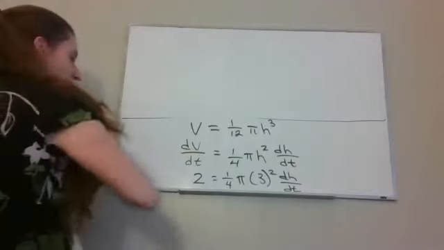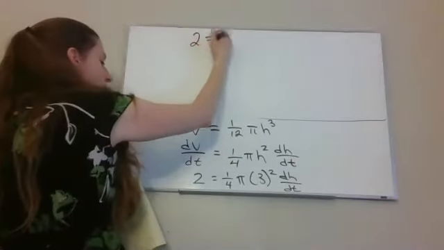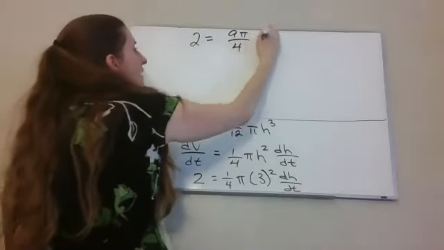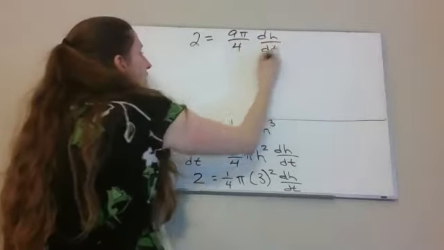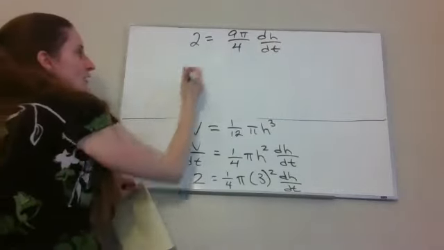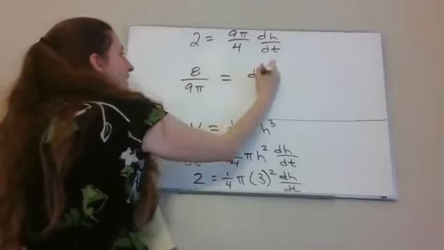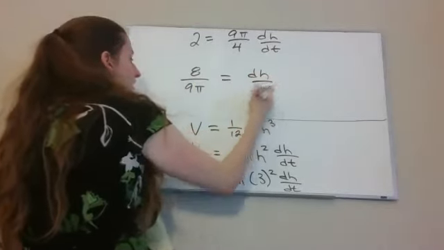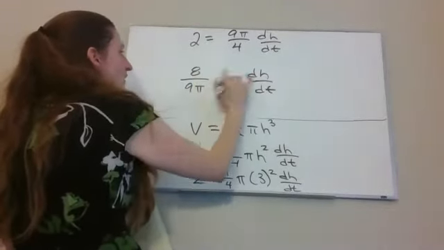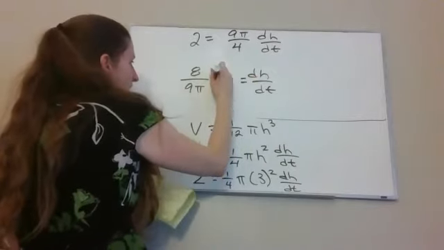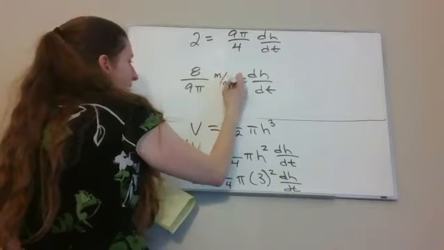So what I have at this point is 2 is equal to 9 pi over 4 dh/dt. So when I solve for dh/dt, I get 8 over 9 pi is dh/dt. And I should include my units. This is 8 over 9 pi meters per minute.